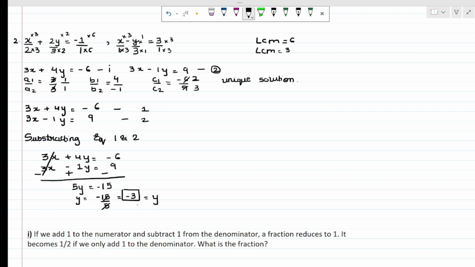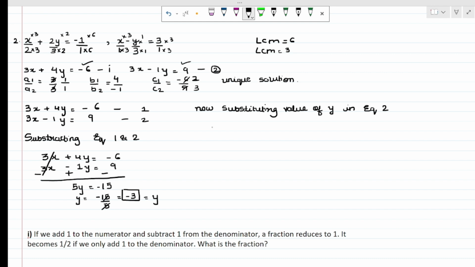Now, what you will do, you can substitute this value of y in any of your equations. You can go for the first or you can go for the second one. Okay, I am going for the second one. So, I will write my statement now, substituting value of y in equation number 2.